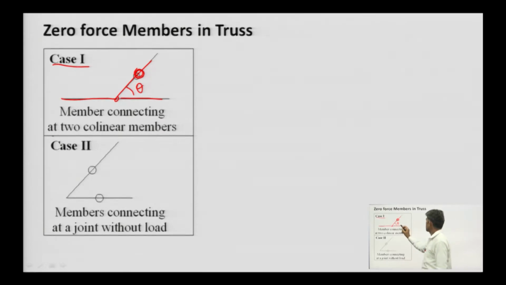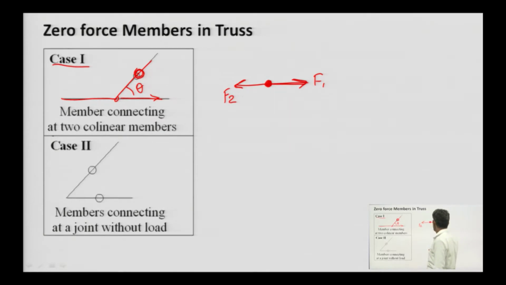suppose this one member has F1 force, okay, this is the joint, and say this is F2.